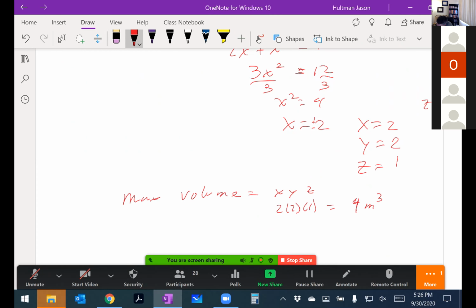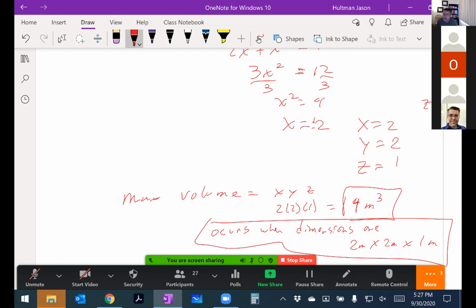The max volume is 4 cubic meters, and that occurs when the dimensions are 2 meters by 2 meters by 1 meter. Okay, max volume and dimensions. Make sense?